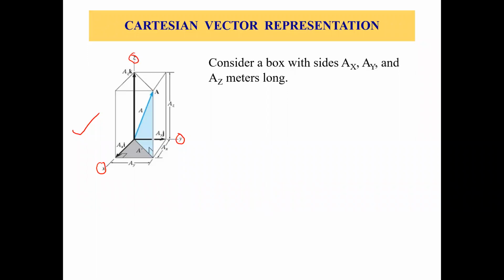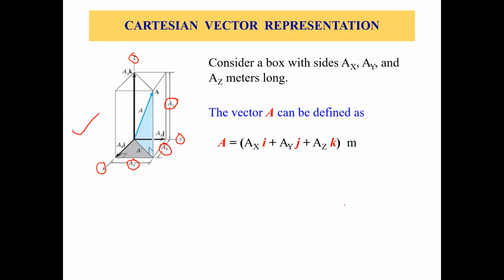Now, this box has sides of a sub x, a sub y, and a sub z. So this is a sub y along the y-axis, this is a sub z along the z-axis, and this is a sub x along the x-axis. So these are the three sides of this box along the x, y, and z axes.